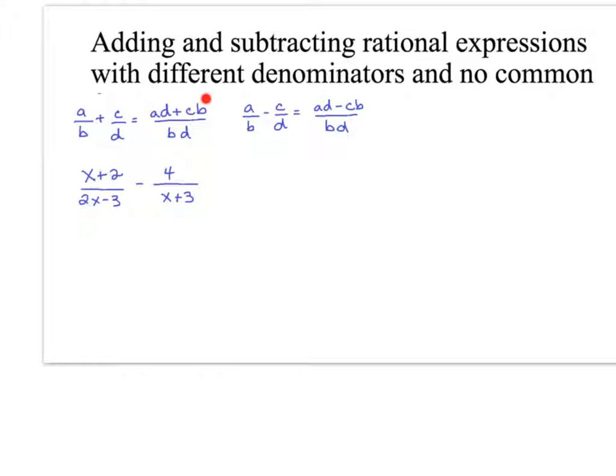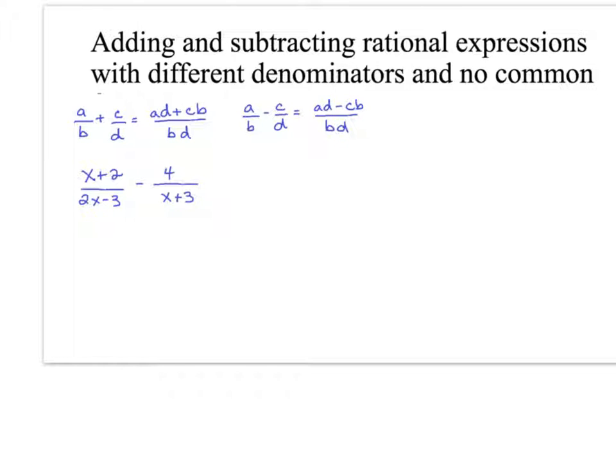What you're going to do is use this rule of thumb, which states that when you are adding or subtracting and you're looking at different denominators, the first thing you do is multiply them together, and then you take the first numerator and multiply it by the second expression's denominator, and then if you're adding, you add the second numerator multiplied by the first expression's denominator. You follow this rule for both adding and subtracting. So let's see what that looks like.